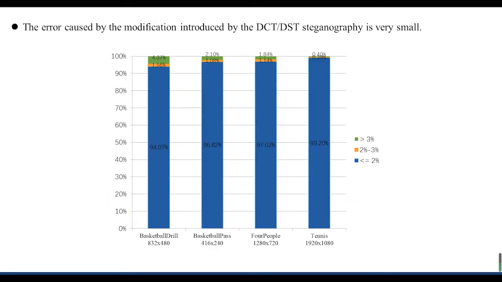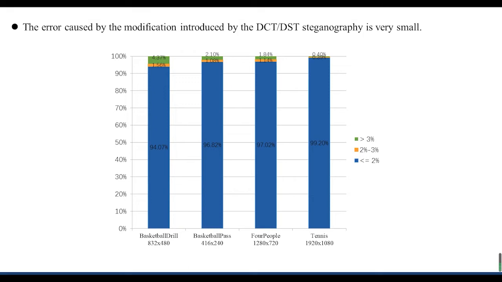Furthermore, we analyze the pixel change between cover video and stego video from the perspective of theory and experiments. This figure shows the pixel change rate between cover video and stego video. Each bar represents a video, and the digit here denotes the resolution of the video.